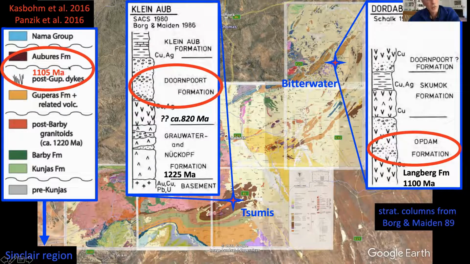And we also found paleomagnetically that the Aubures Formation has essentially the same direction as the post-Grouse dikes, suggesting that this unconformity does not represent a lot of time. So this sets up the current study in which we will test the correlation of the Aubures Formation with the Doornpoort Formation, and therefore test this question about whether the Doornpoort Formation really is related to 820 million year rifting.